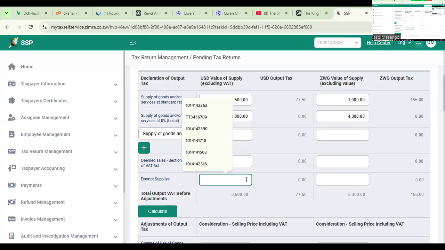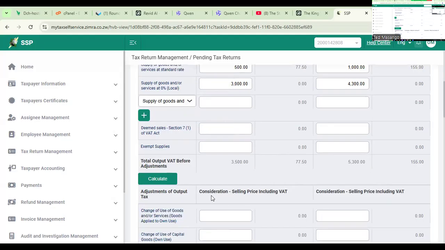When you go to supermarkets, those who do groceries, that's where you find all the categories of exempt goods, meaning to say they're not charged the VAT. Zero-rated goods, meaning to say they're charged the VAT but at 0%. Then those which are charged VAT at 15.5%. So those will be the goods that you put up there, right?